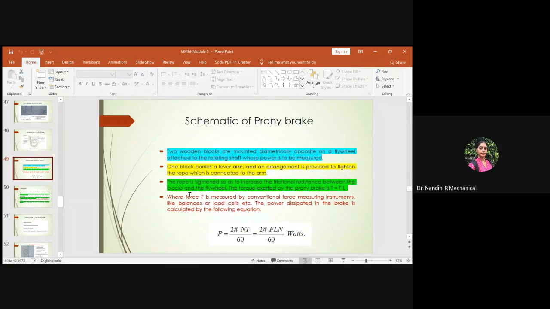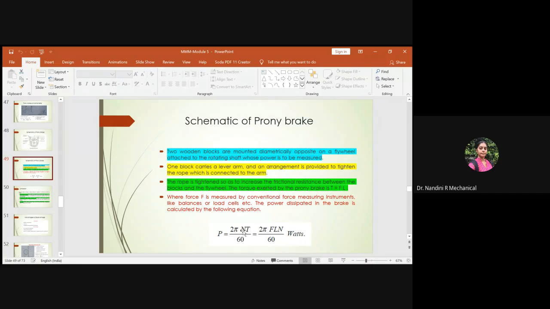Once the value from the load cell has been determined, we can determine the amount of power dissipated in the brake by using this equation, where P is equal to 2 pi N T upon 60.